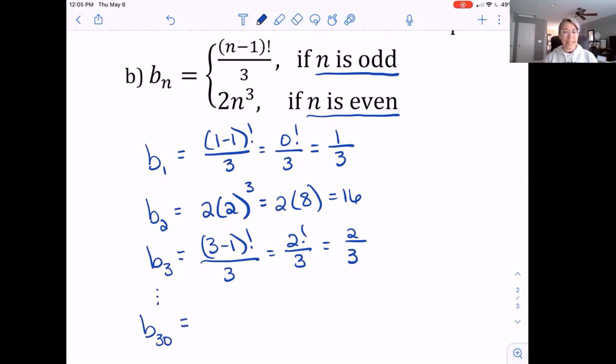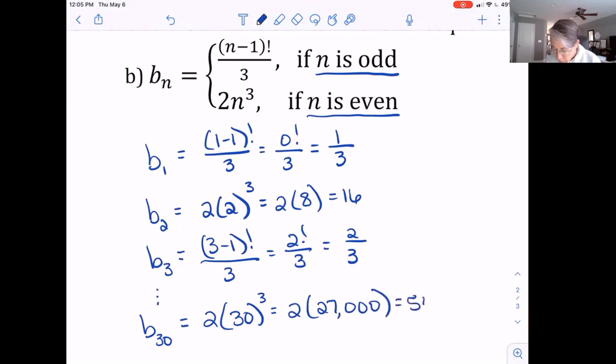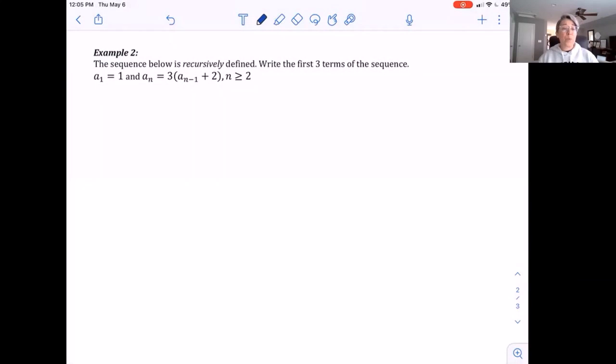And again, 30 is even, so we use the bottom. 2 times 30 cubed. So that's going to give us 2 times 27,000, which equals 54,000.